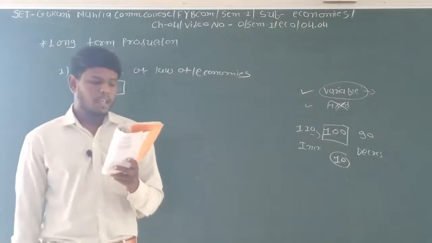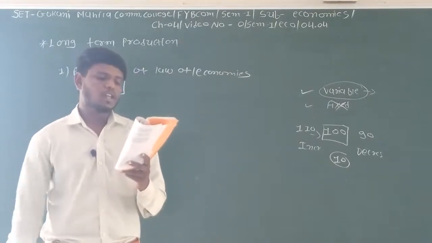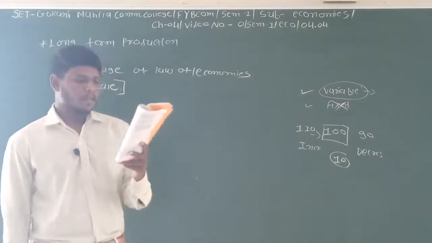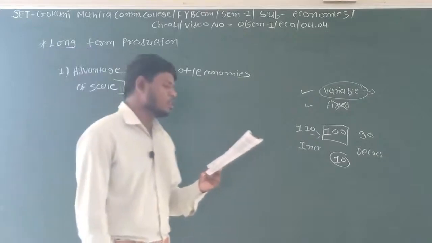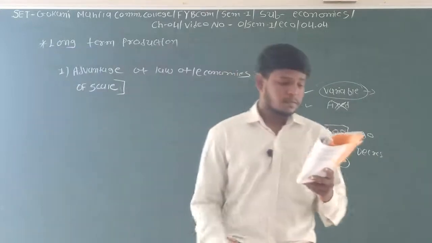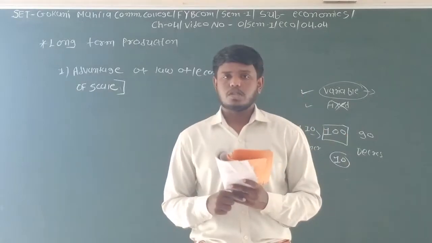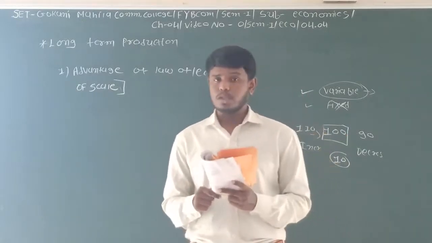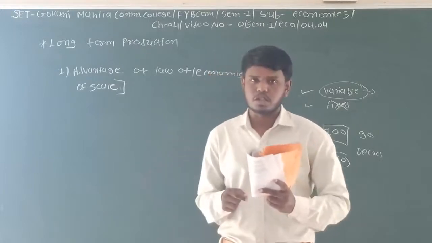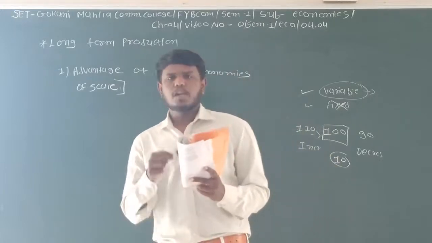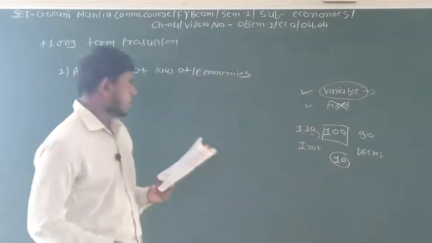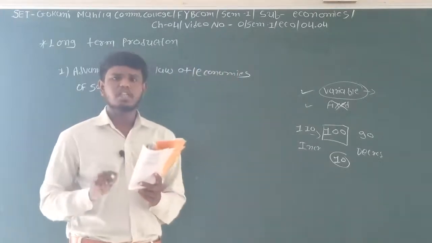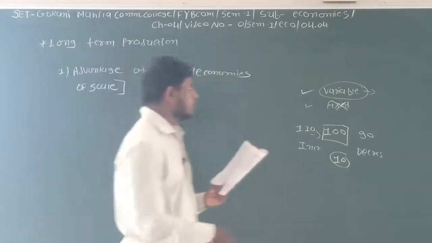A firm increases the quantity of all factors to produce the required supply to meet a long-term increase in demand. It means the factors of production included in the production system. Now let's take an example to understand this law more accurately.